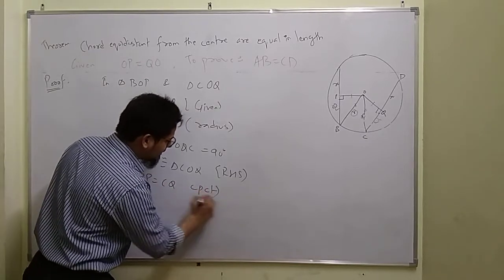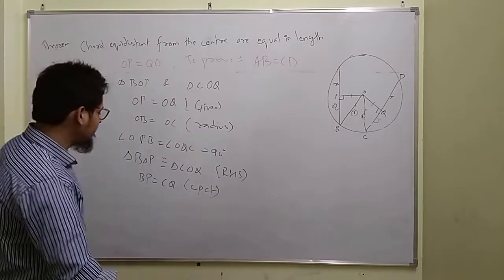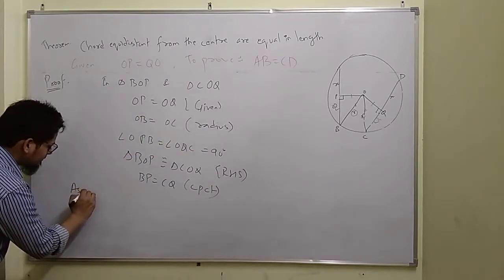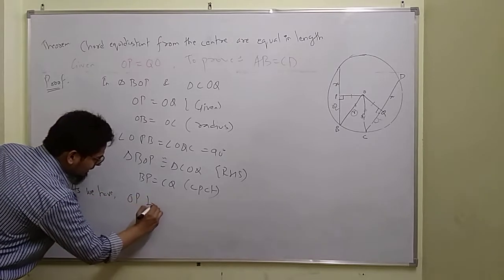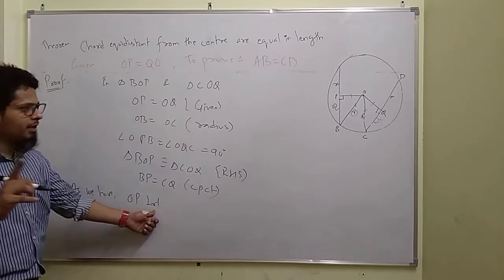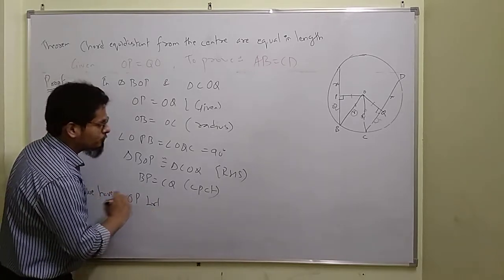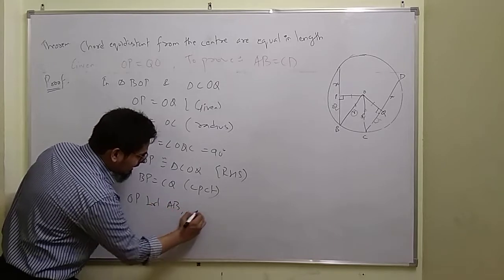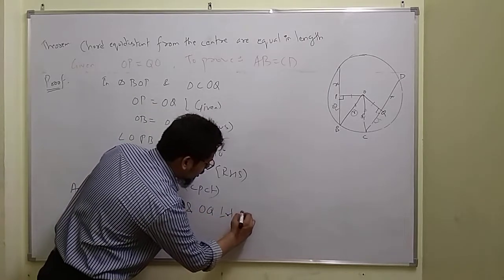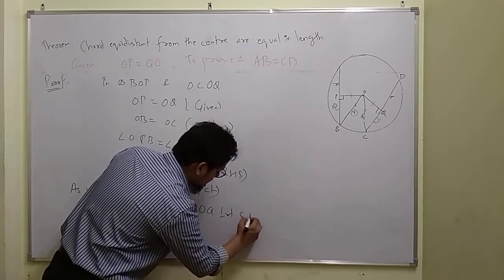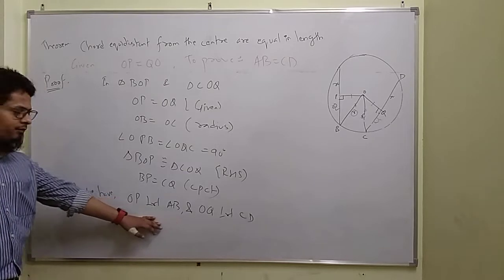We have drawn the two perpendiculars. OP is a sign of perpendicular: OP is perpendicular to the chord AB, and OQ is perpendicular to chord CD. These are the two perpendiculars. So what can we write here?